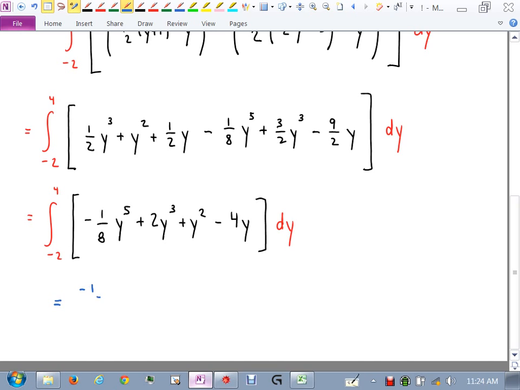So 1/48 y to the 6th plus 1/2 y to the 4th plus 1/3 y cubed minus 2y squared, evaluating from -2 to 4. Now you just plug 4 in, right? And subtract what you get when you plug in -2.